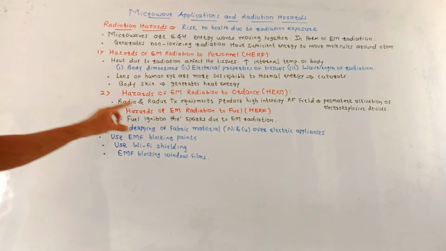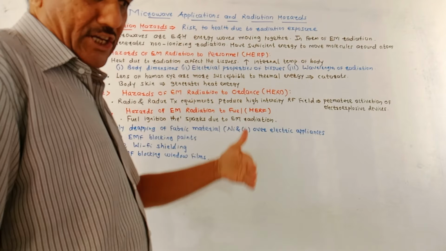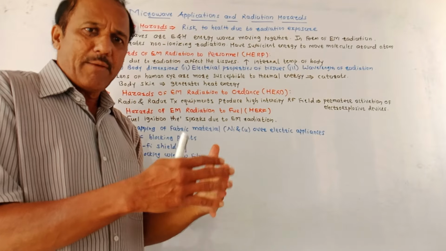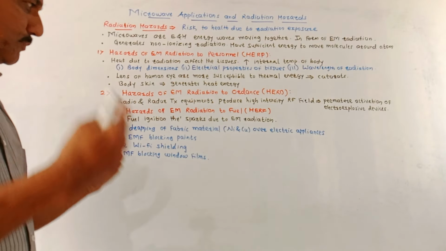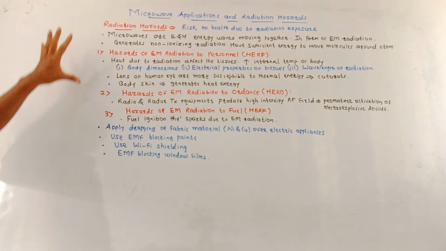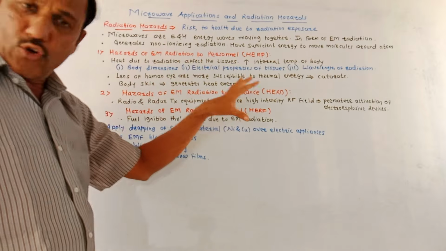Third type is hazards of EM radiation to fuel. Due to this microwave radiation, it may happen that ignition of fuel takes place through sparks. These are the generalized effects of the microwave radiation.